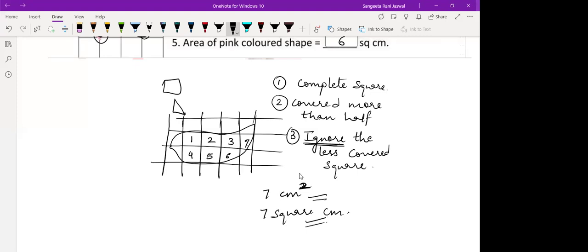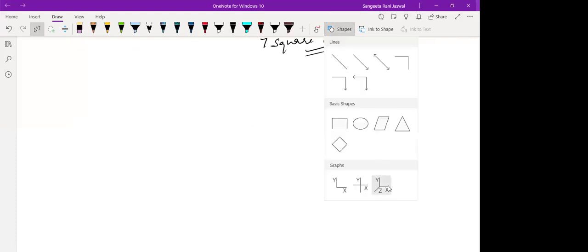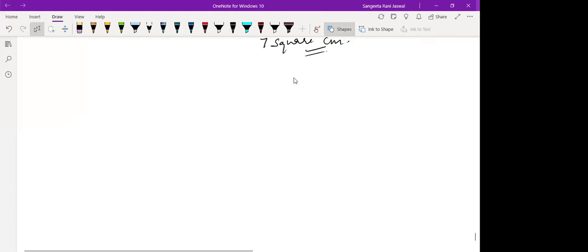Okay, children? Yes, ma'am. I'll give you one more like this grid kind of. One second, let me try the grid from here if I can get. No, I'm not getting the grid here. Ma'am, you can put a square and draw lines in it. I think in a square I can draw lines in that.